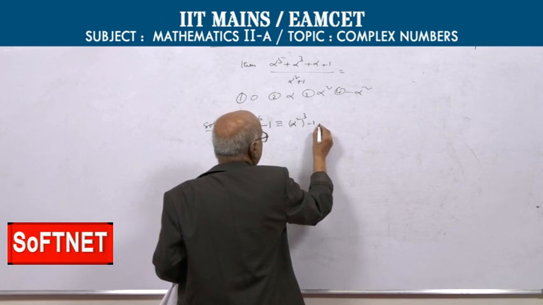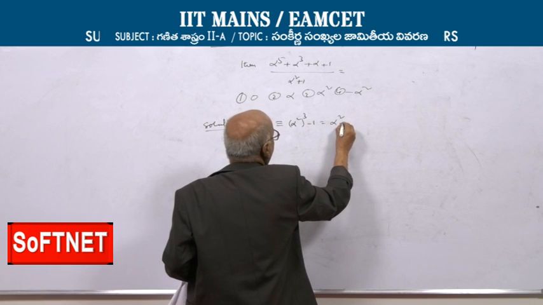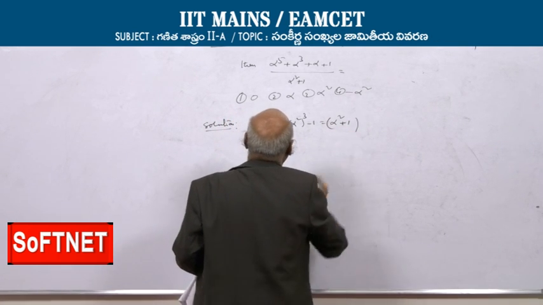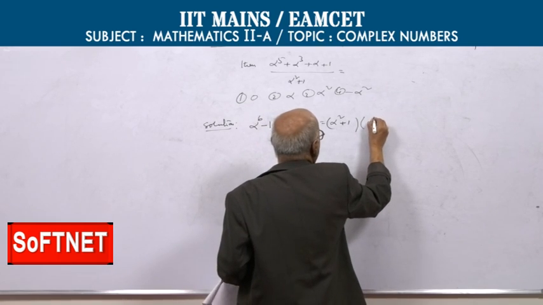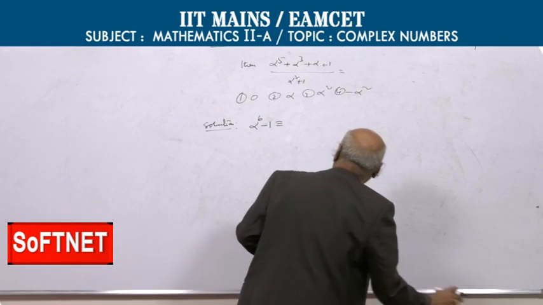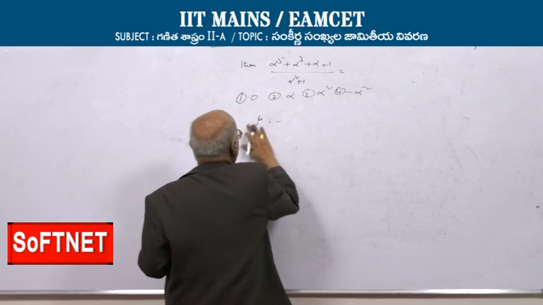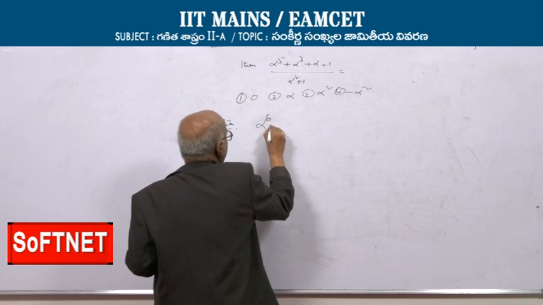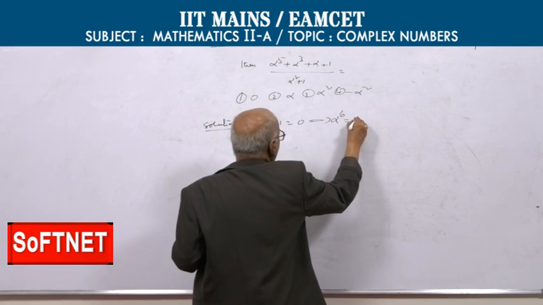So this we can write as (alpha square minus 1) into (alpha four plus alpha square plus 1). For this, alpha equal to plus 1 and minus 1 are also roots. So now alpha power 6 minus 1 equal to 0 means alpha power 6 is equal to 1.